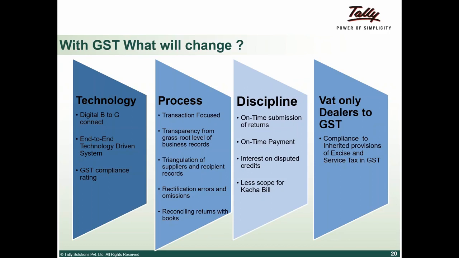So now a person who's under VAT and not covered under excise will have major compliance challenges where competency needs to be there, understanding of the law is very important, and guidance from professionals he could probably seek, and all those things. So this is one major exposure for the VAT dealer under the GST regime, especially those who are manufacturing and not covered under excise.